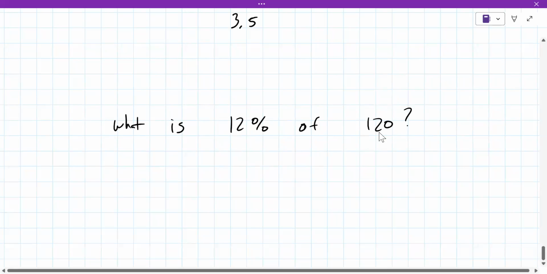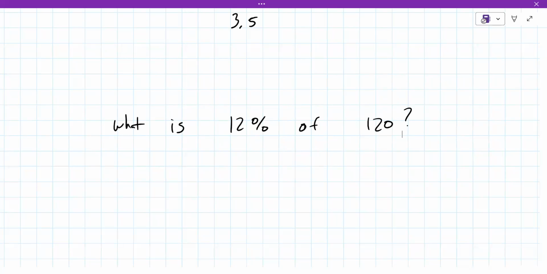Convert this to a decimal, multiply, and move the decimal the appropriate number of spaces. $14.40. Okay, 14.4. All right.